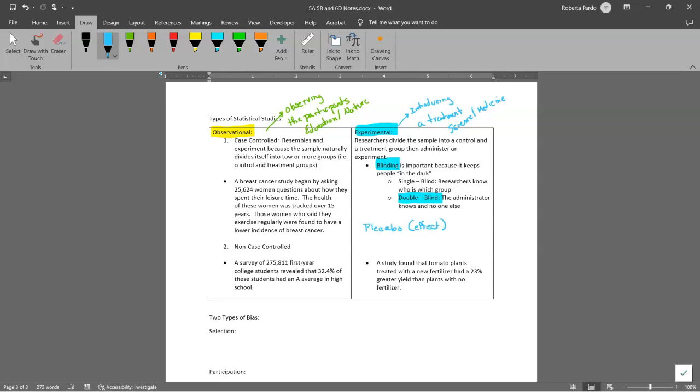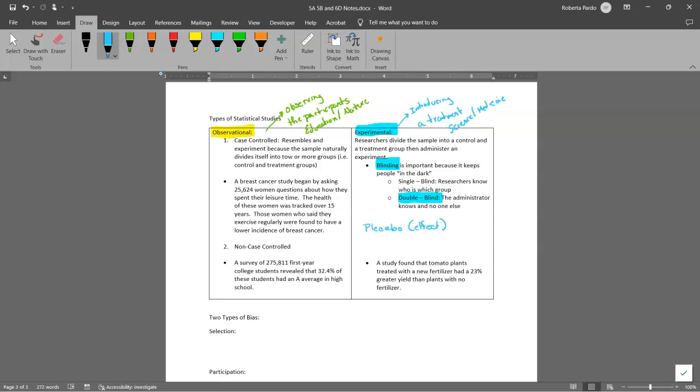A placebo is when the treatment is actually not being administered. It's a substitute that looks like the treatment, of whatever kind it is, that's actually introduced. And the placebo effect is when a person thinks that they are, say, recovering, even though they are not actually being given whatever treatment or drug is supposed to be being tested.